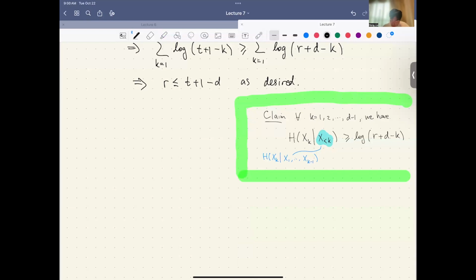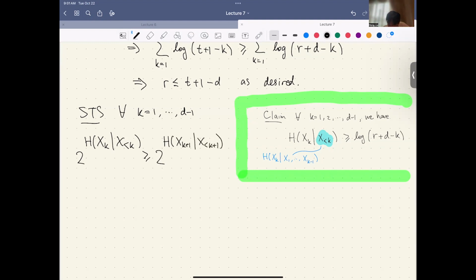To prove this claim, it suffices to show the following: for any k from 1 to d minus 1, we have 2 to the entropy of xk given x less than k is at least 2 to the entropy of x(k plus 1) given the previous ones, plus 1.